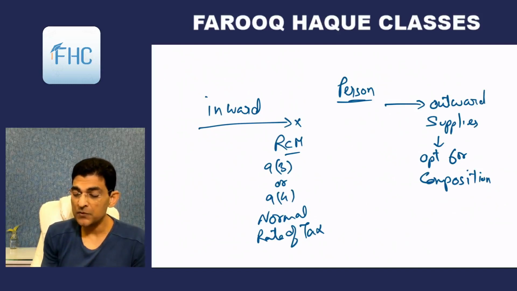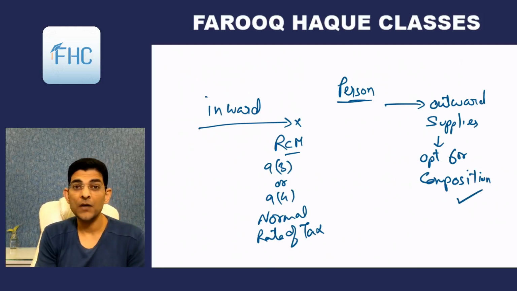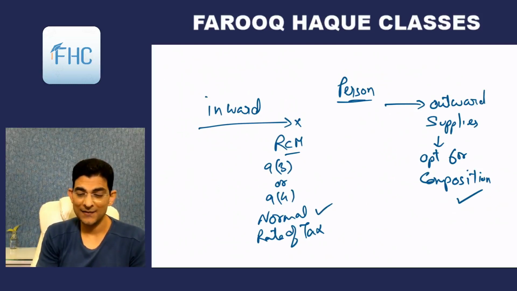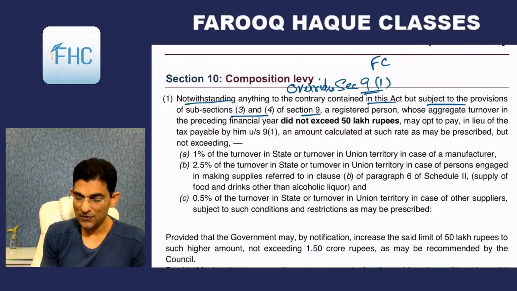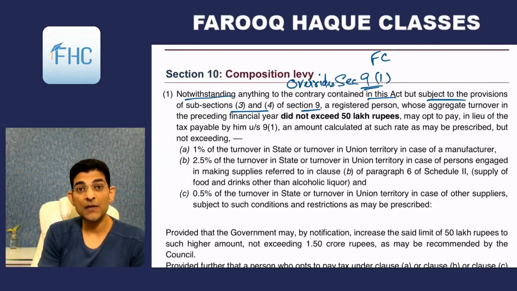So he can opt for composition levy on outward supply, but not in respect of inputs where RCM is applicable. There you have to pay tax at the normal rate of tax. And of course you cannot claim ITC. So therefore it says, subject to the provisions of 3 and 4 of section 9.